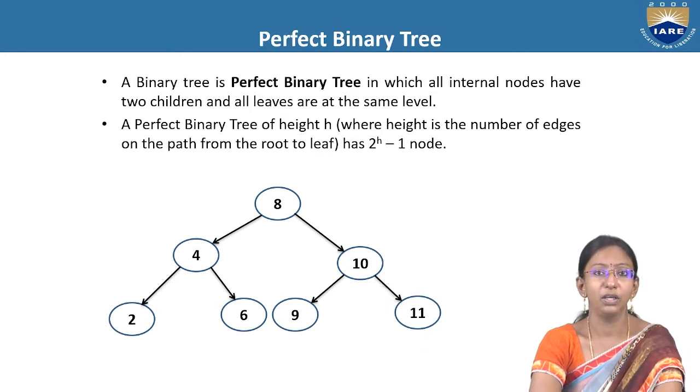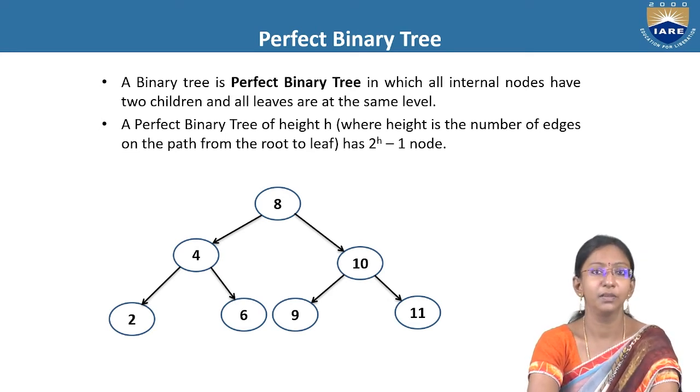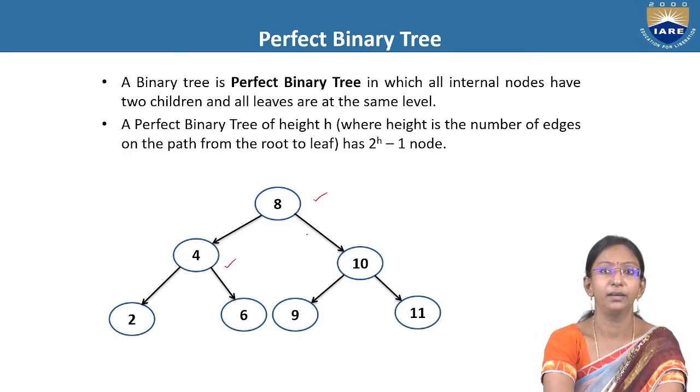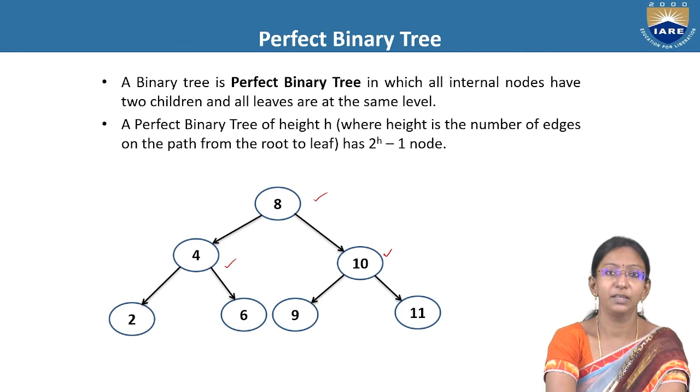Then what is a perfect binary tree? A perfect binary tree is one in which all internal nodes have 2 children and all leaf nodes are at the same level. All internal nodes, that is 8, 4 and 10, must have 2 children, and all leaf nodes are at the same level.